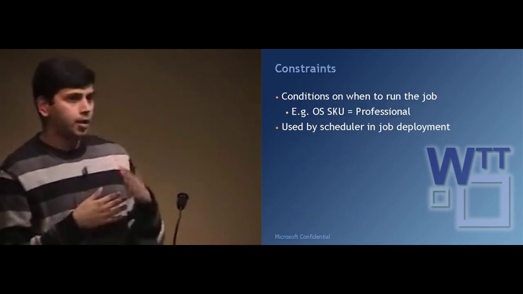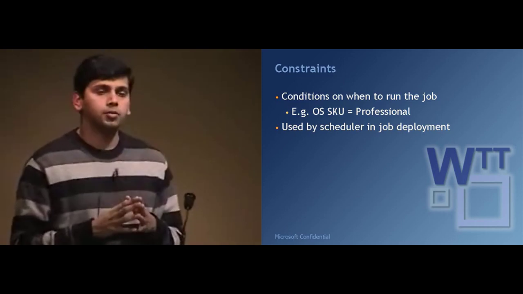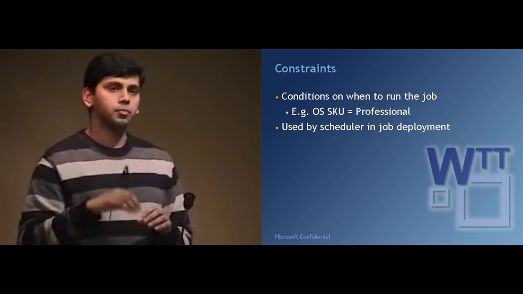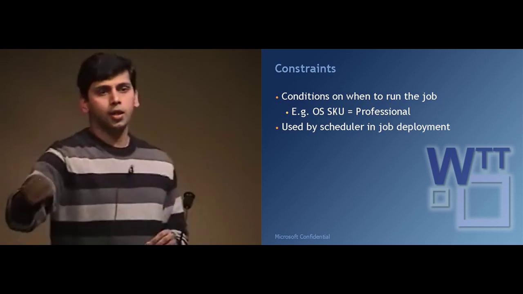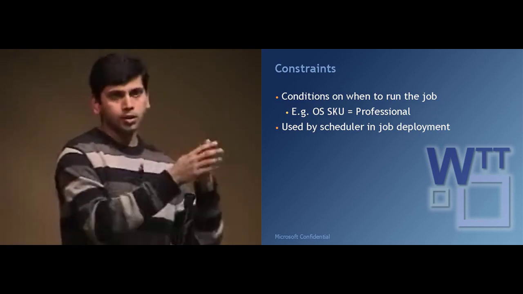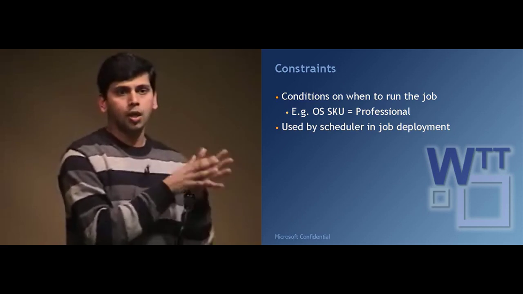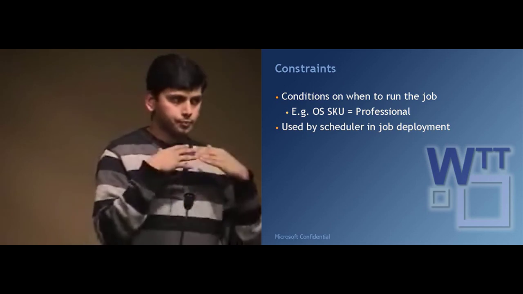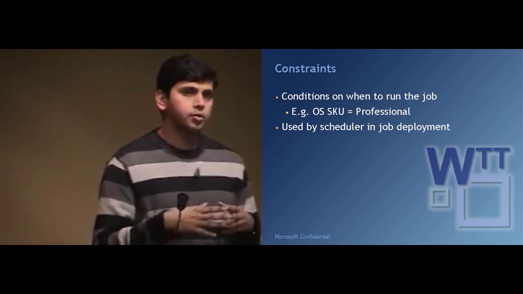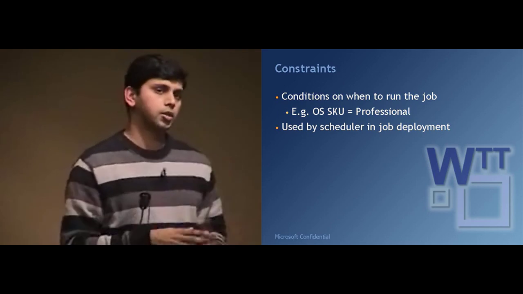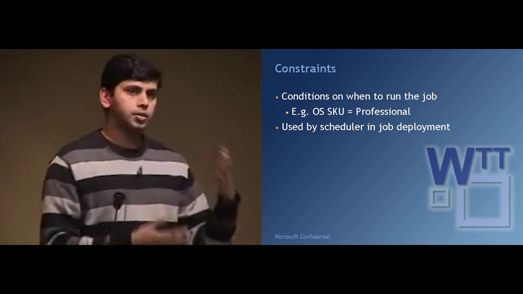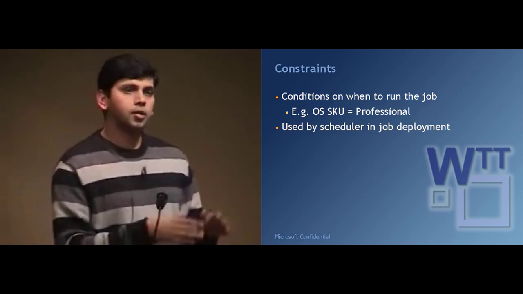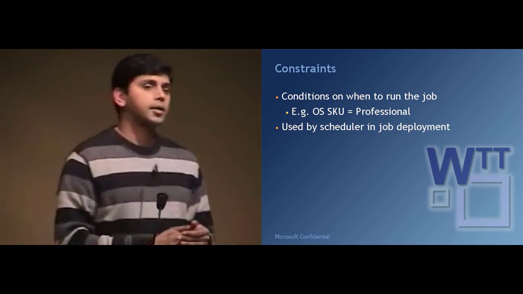And then there are constraints that you can specify. So when you are specifying a job, actually you don't specify go run on this machine. You specify the constraints that apply on the machine, and based on that, decide which machine to select. So let's say if I have to do testing using WTT, I'll start by selecting 10 or 15 machines that I have and run a WTT client exe.